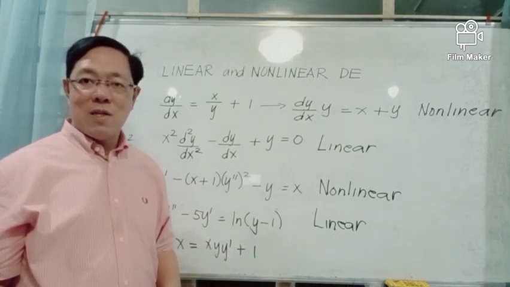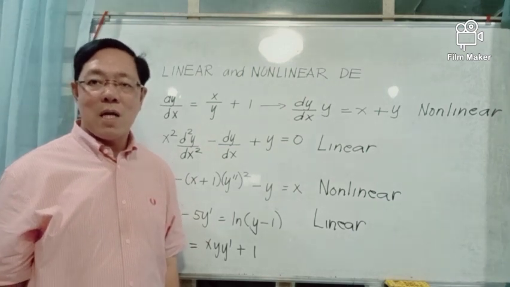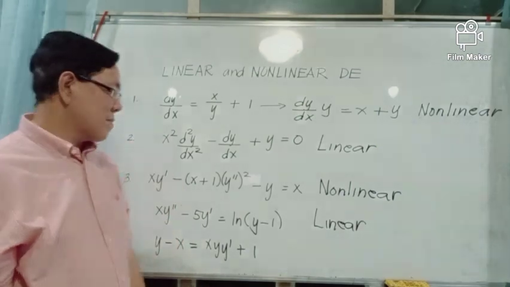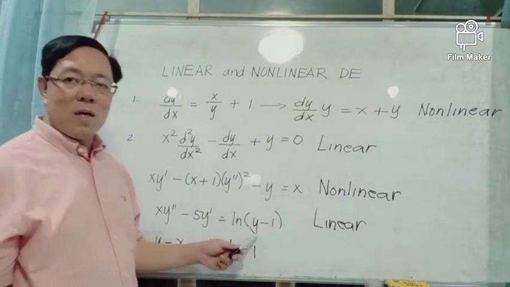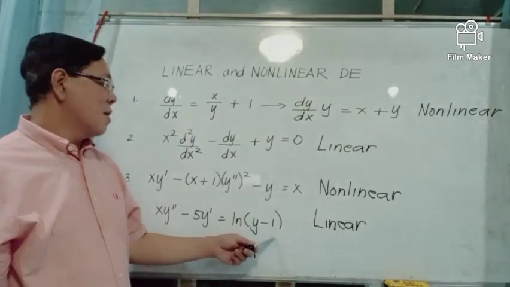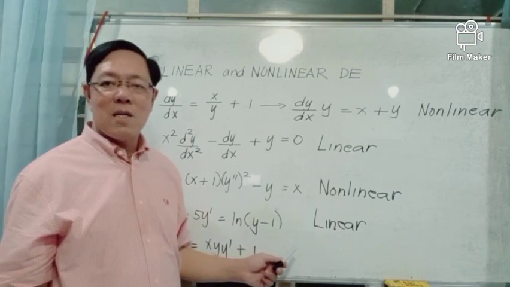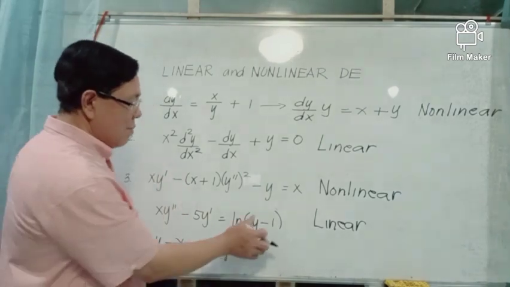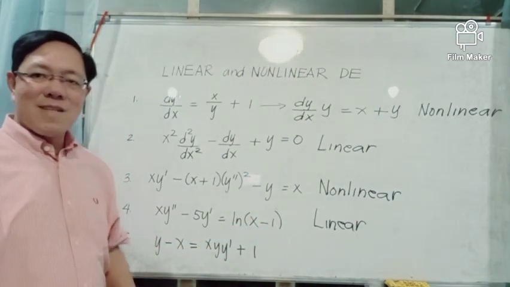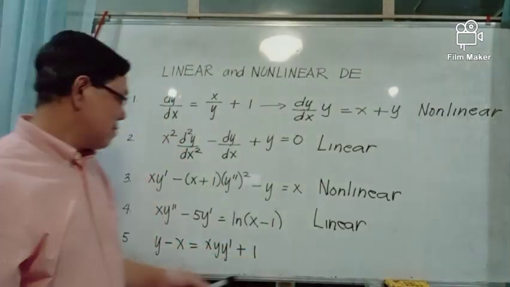We said earlier that a linear differential equation does not contain y or any of its derivatives inside another function. But in this case, y is inside the natural logarithmic function, so this makes it a nonlinear differential equation. But originally this is x. Hence, this differential equation is a linear differential equation.